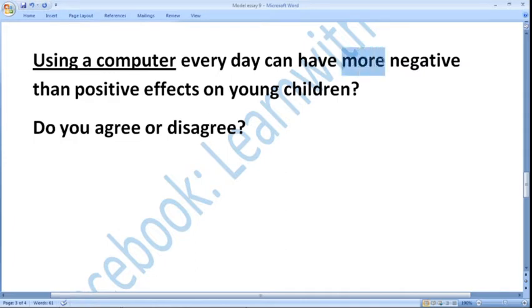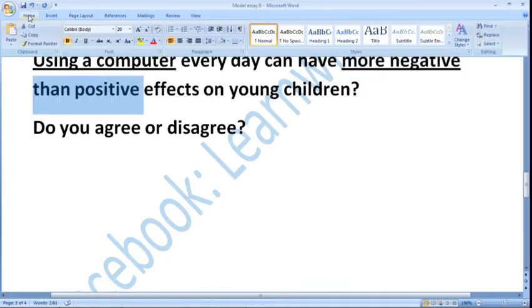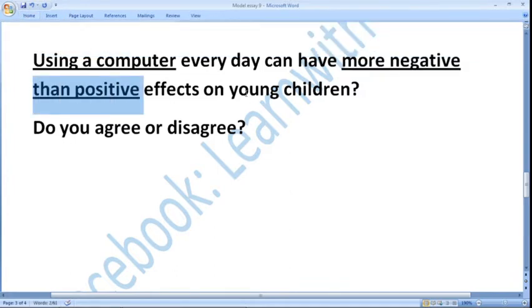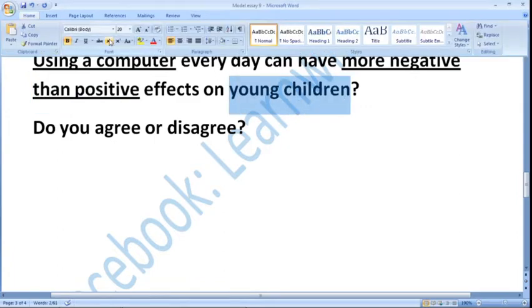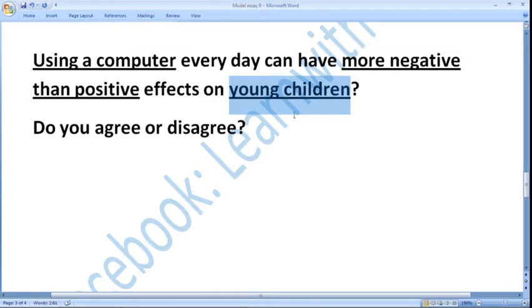More negative than positive effects on young children. These effects should be on young children, should be about the use of computers, and whether there are more positive or negative effects. So do you agree or disagree with this statement?